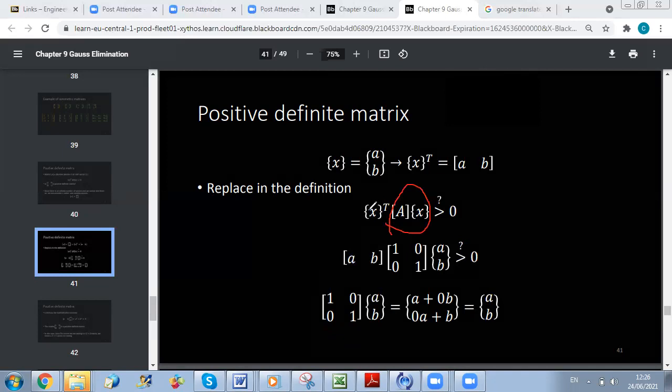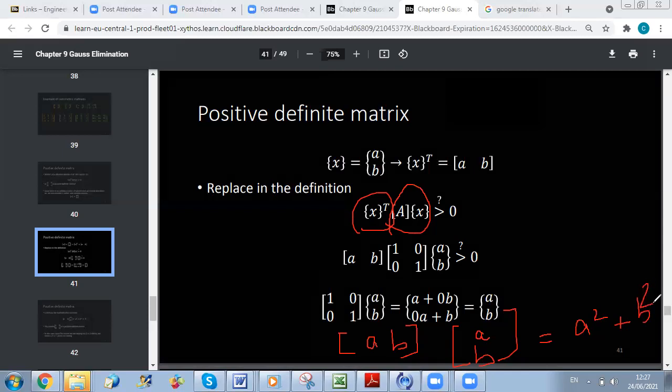The second step is to multiply the transpose of x by the result of A times x. So the row (a, b) times the column (a, b) gives x transpose times A times x, and this is equal to a squared plus b squared. And this is positive.